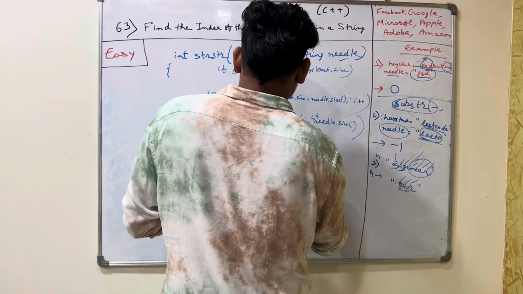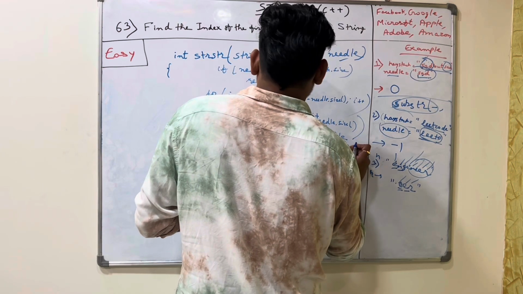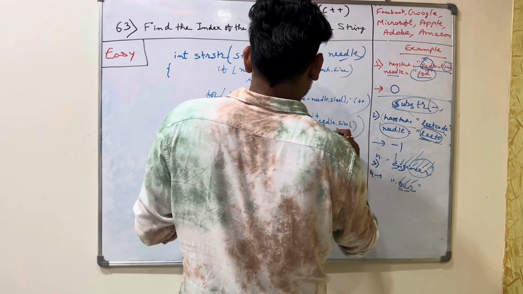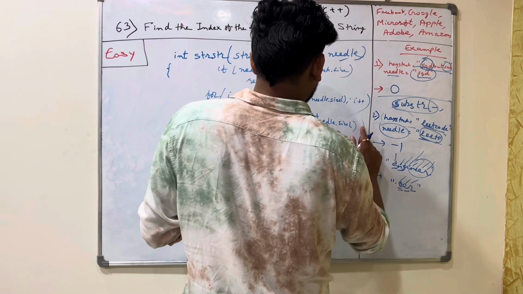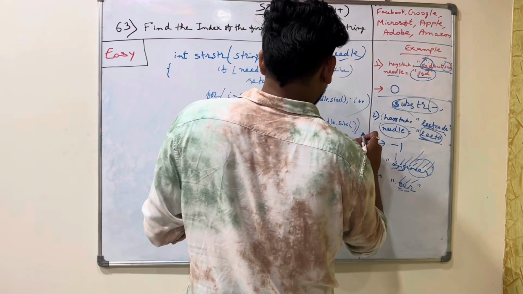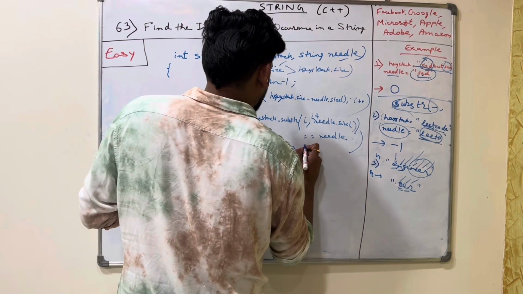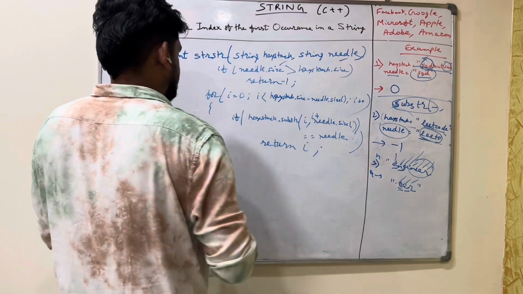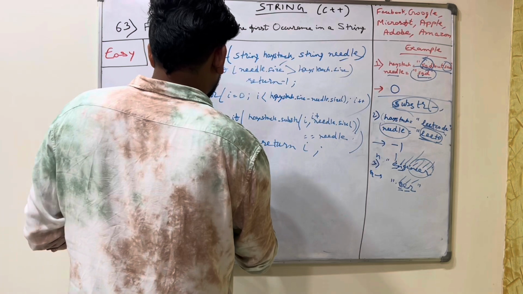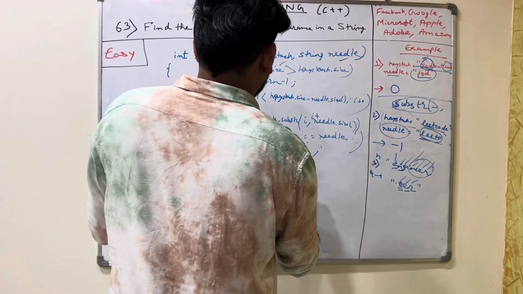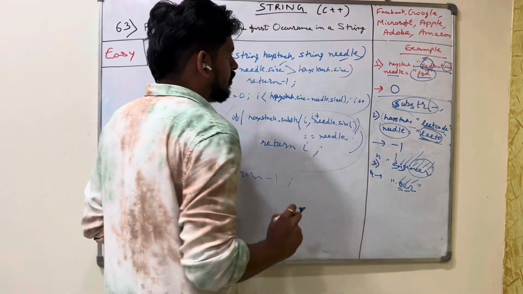If this is equal to the needle string, that means return i, the position. So it is finished here itself. Otherwise, you can return -1.